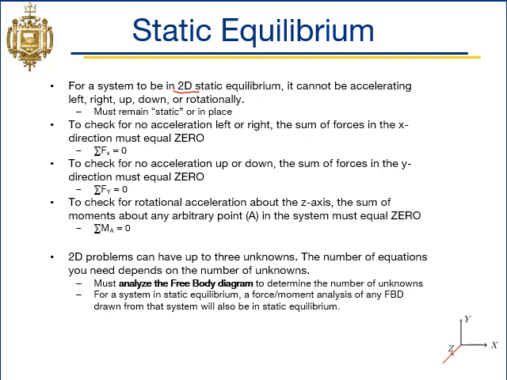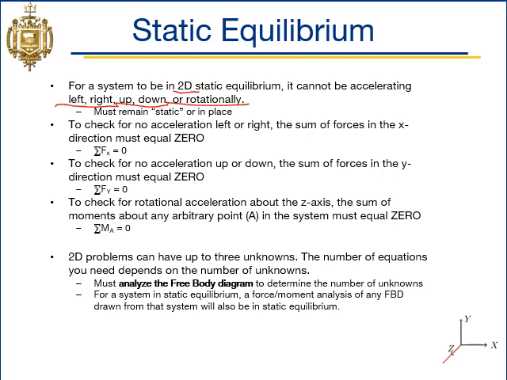We're going to say that it cannot be accelerating left or right in the x direction. It can't be accelerating up or down in the y direction. And it cannot be rotating or accelerating rotationally about the z-axis.